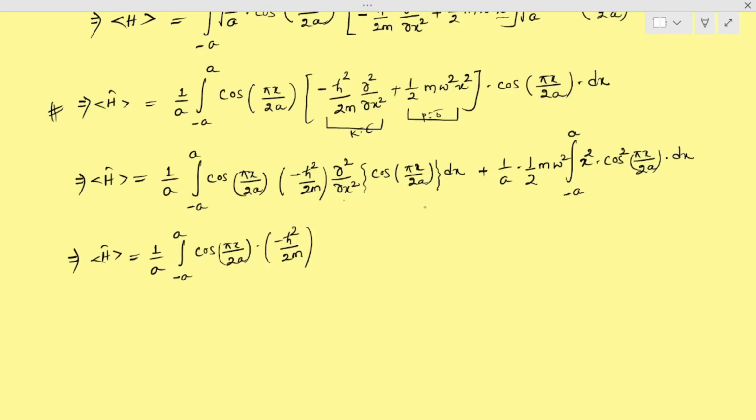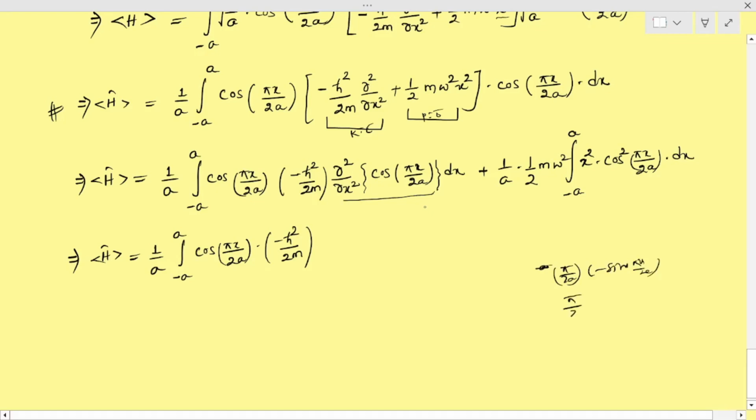Here, if I differentiate this cos pi x by 2a two times with respect to x, the first derivative gives pi by 2a into minus sin pi x by 2a, then again pi by 2a, that means (pi by 2a) square into minus cos pi x by 2a.